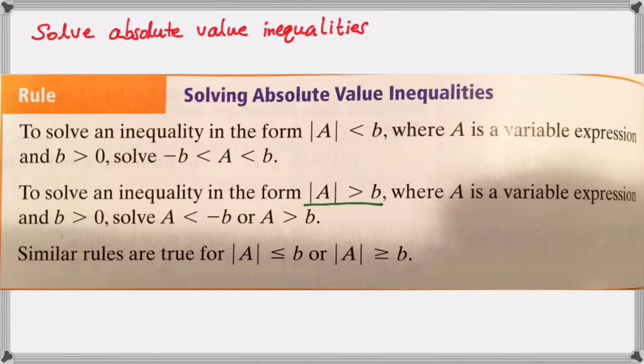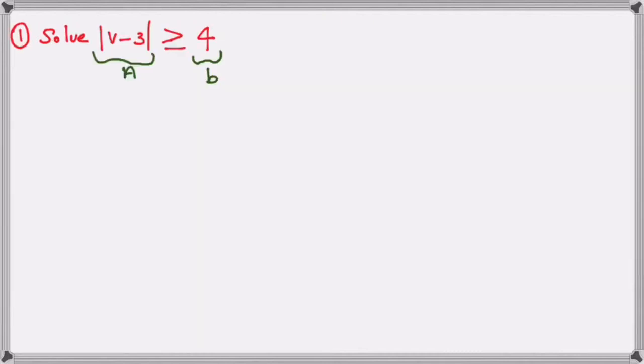The form that's applicable in this case is modulus A greater than B. So now go back and look at the question. What's inside those two pipes, that's what A is, and what's on the other side of the inequality is B. Okay, so let's try to solve this problem.